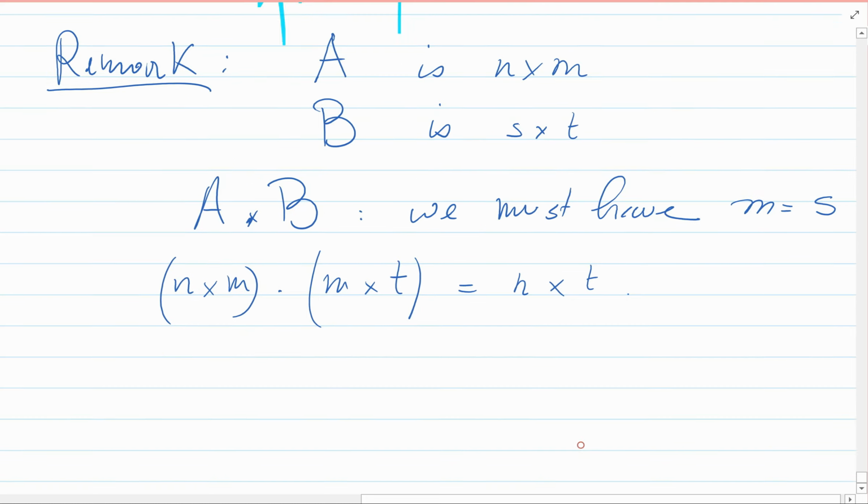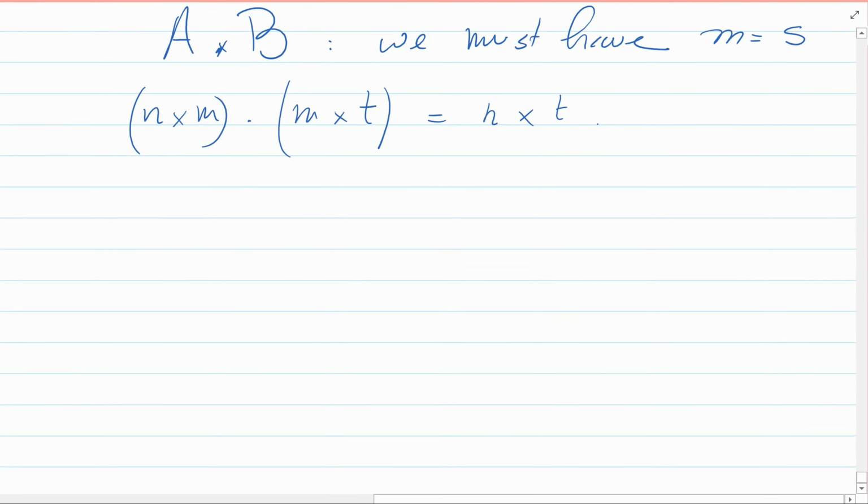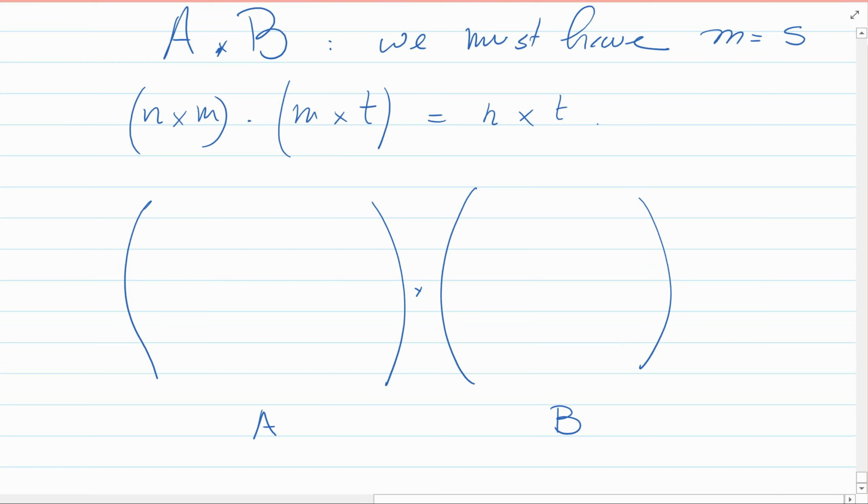Okay? So how do we see it and how do we do it? We have A times B. This is A and this is B. Keep in mind, the number of columns of A is exactly the same as the number of rows of B. Great.